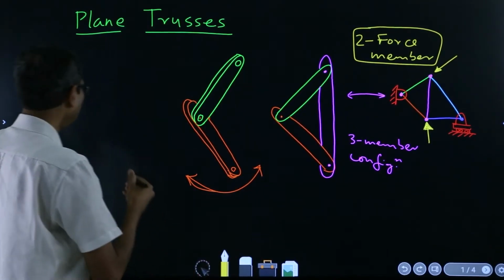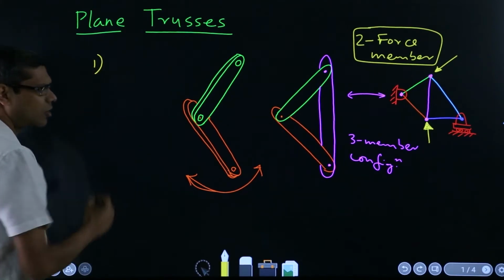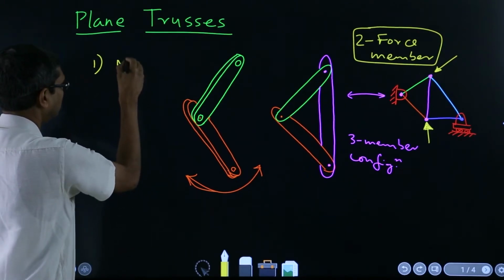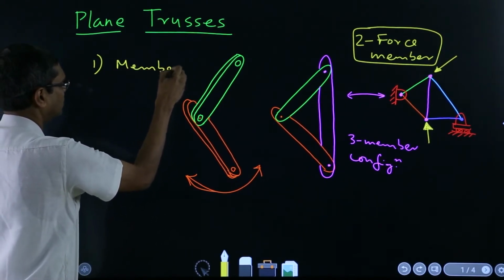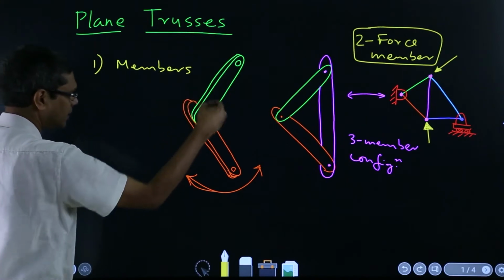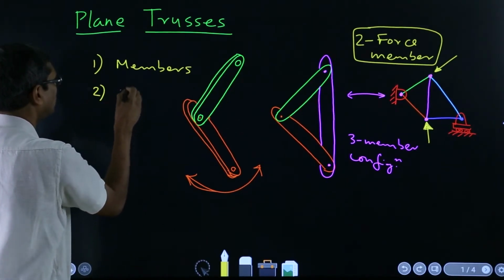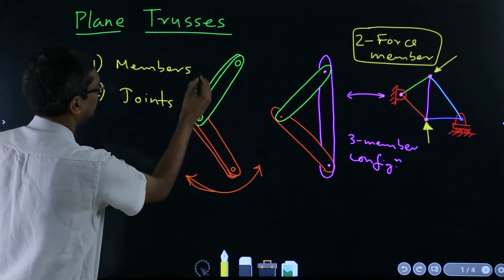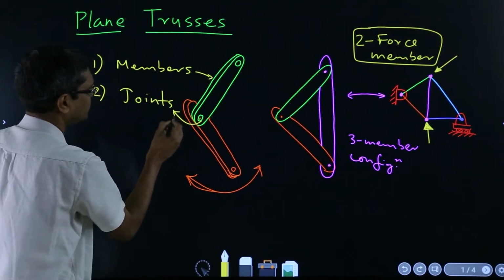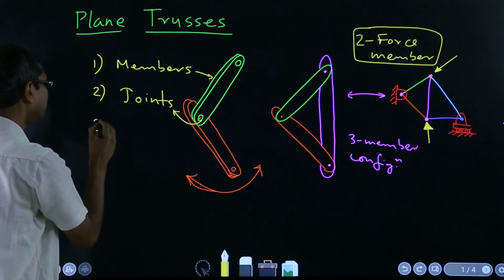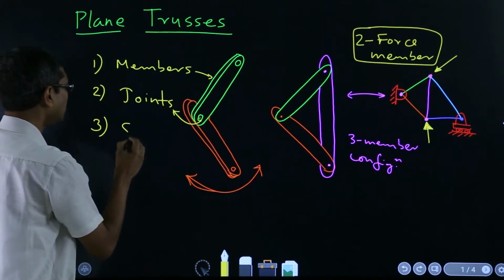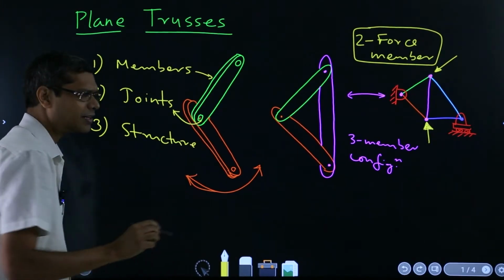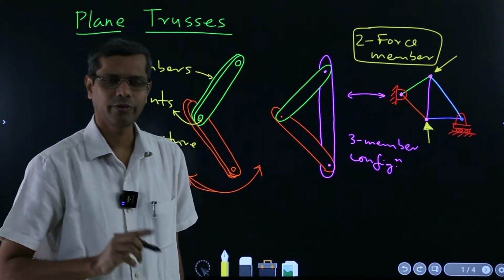So how do we define the important points about the truss? There must be members like these, there must be joints, like this. So members, joints, and then it should be a structure. That means relative movements must not be there between members.